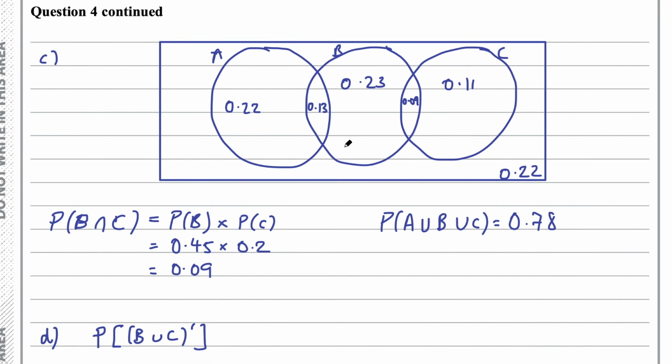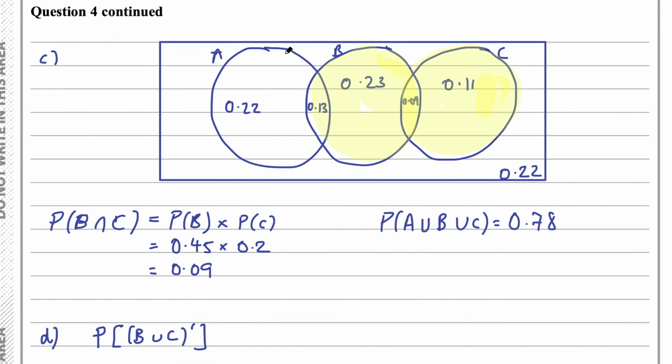The probability of B happening is everything inside this circle, and the probability of C happening is everything inside this circle. And the union of those, the probability of the union, is everything inside both. So B or C, we need all of those probabilities in there. Therefore, the complement of B union C is everything outside of those two circles.